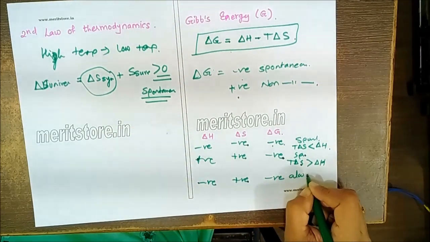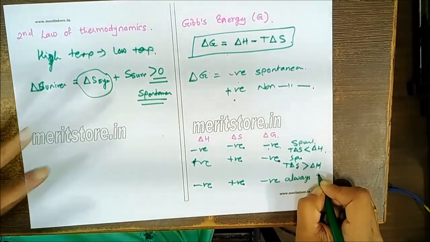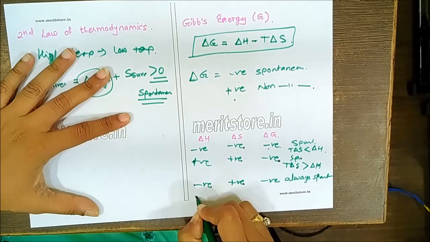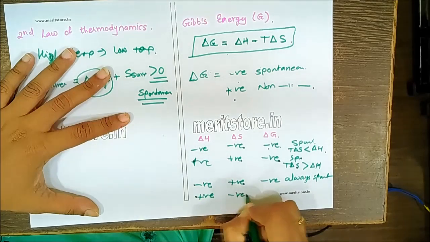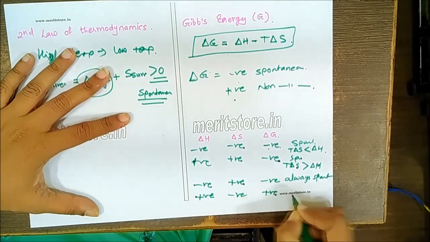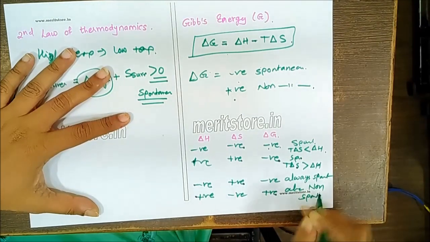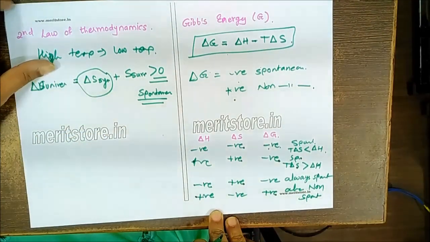So it's always spontaneous. And if delta H is positive and delta S is negative, delta G will be positive, and this is always non-spontaneous. This kind of question can be asked in the MCQ.